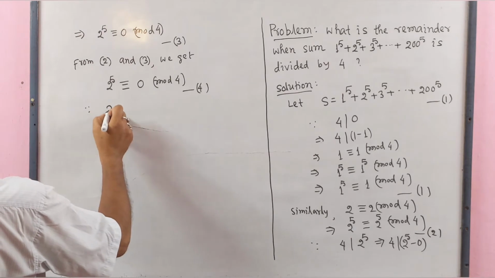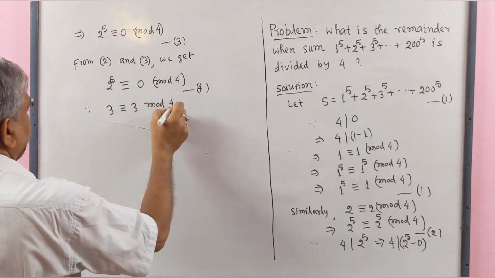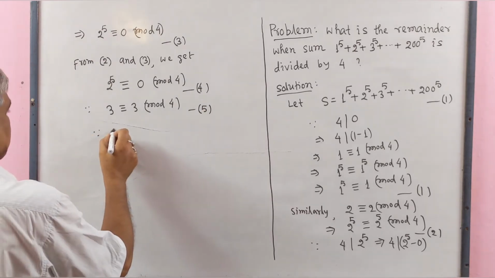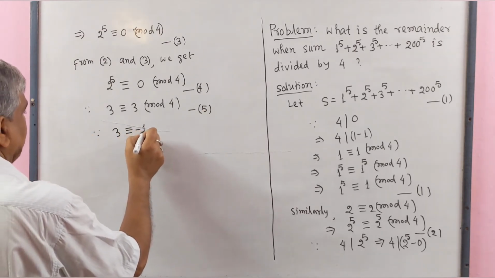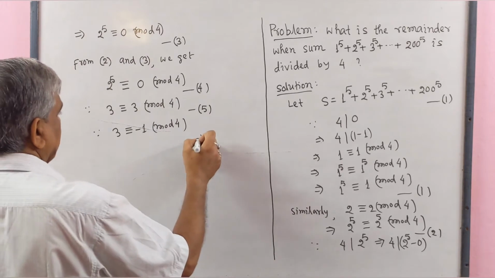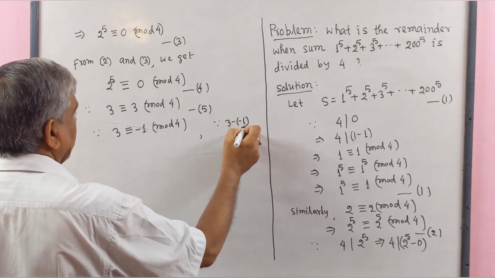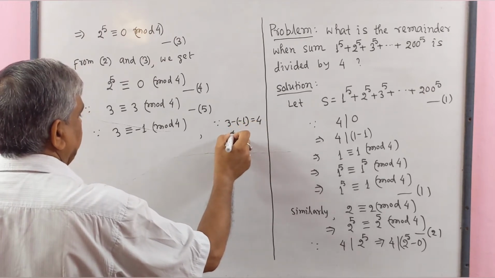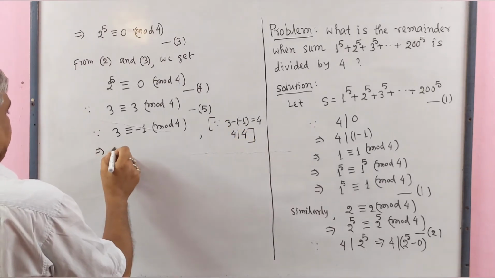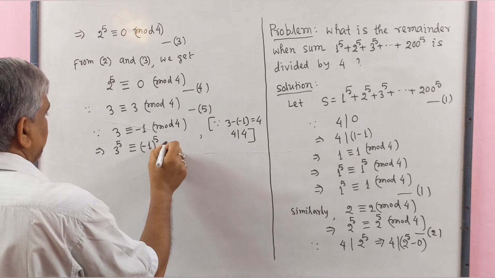Since 3 is congruent to 3 modulo 4. Let this be number 5. Since 3 is congruent to -1 modulo 4, since 3 minus -1 equal to 4 and 4 divides 4, implies that 3 to the power 5 is congruent to -1 to the power 5 modulo 4.